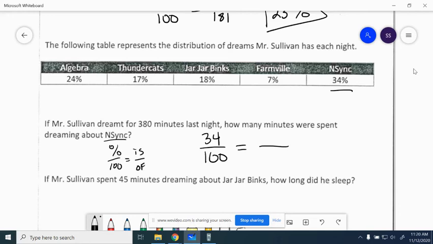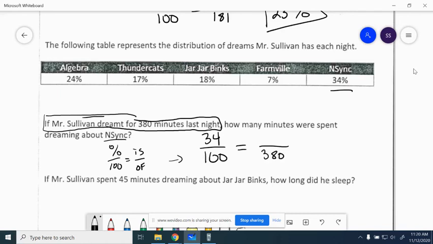Okay. Now, if Mr. Sullivan dreamt for 380 minutes last night, well, what amount of his sleep was 380 minutes? Well, that's the total. Another way to say that would be 100% of his sleep. So that would go in line with the bottom row, representing 100%. So that is going to go here.